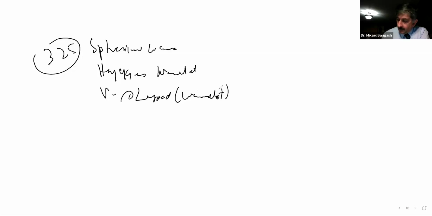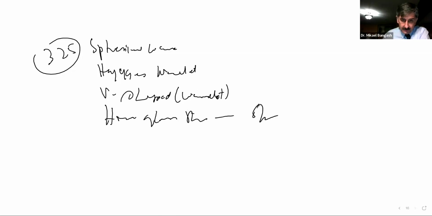Okay, but it's not going to be called hourglass shaped, because that's going to be the shape of the beam.